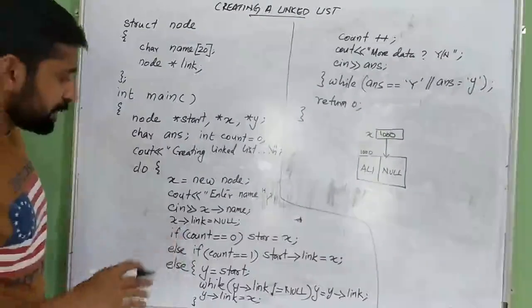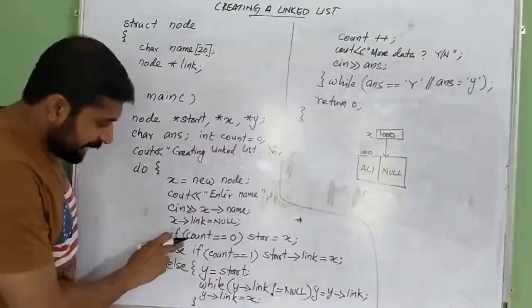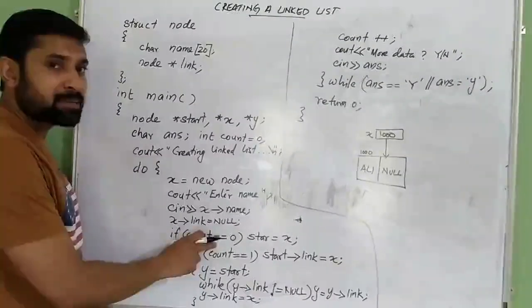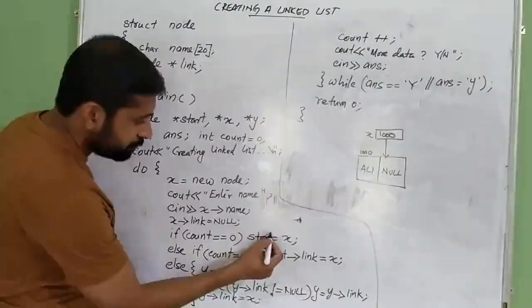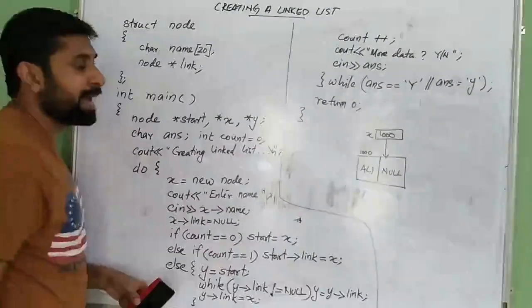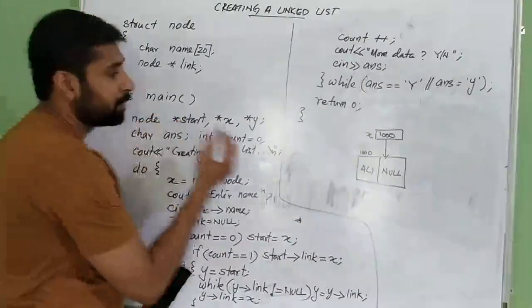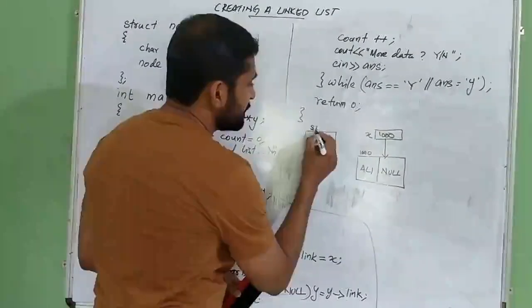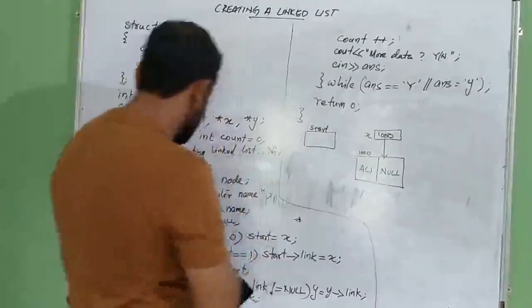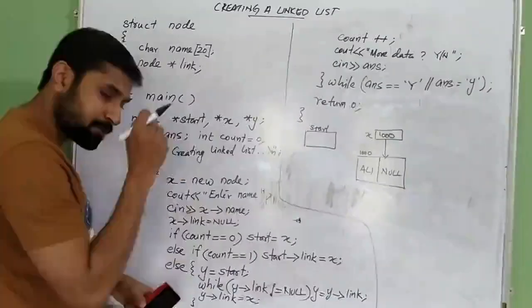Now we are going to check whether this is the first node or not. So if count equal to 0, which means this is the first node, in that case start equal to x. So we have the start pointer here. It will contain the address of the first node.